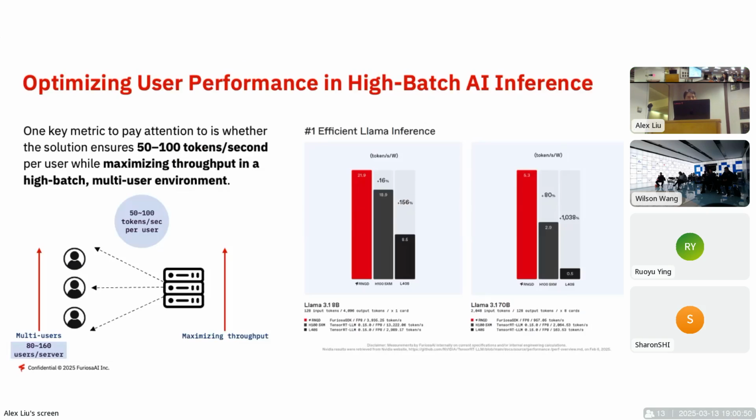So what does that mean? If you have a small data center or a small enterprise server that serves your company, with that one server you can allocate 80 to 180 users simultaneously. And each user can have 50 to 100 tokens per second of output, which is very sufficient, right?